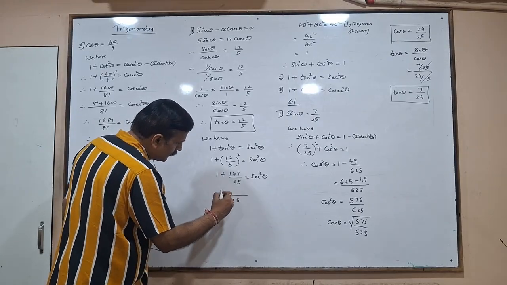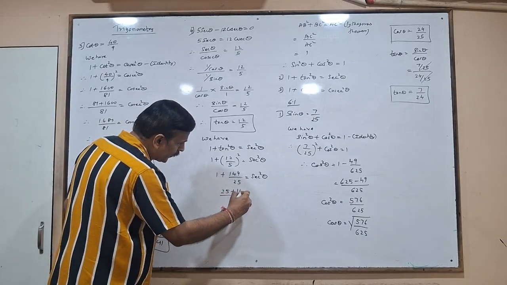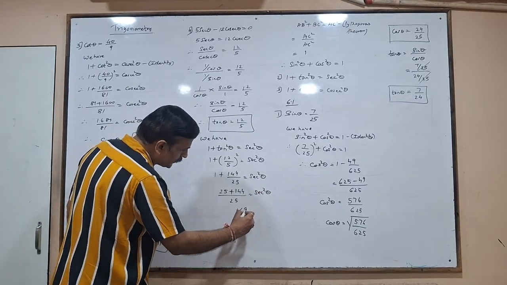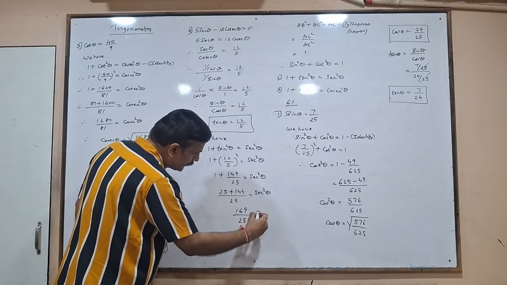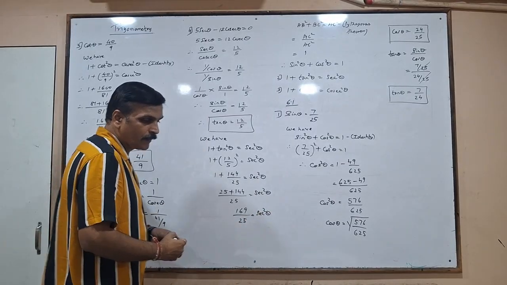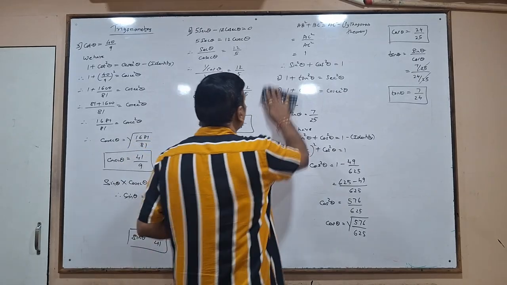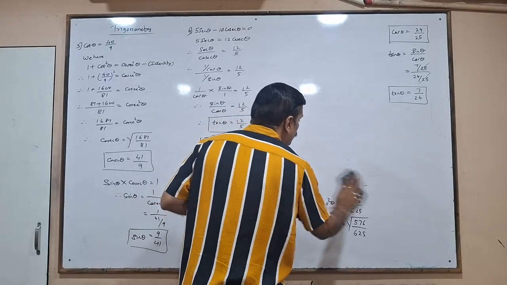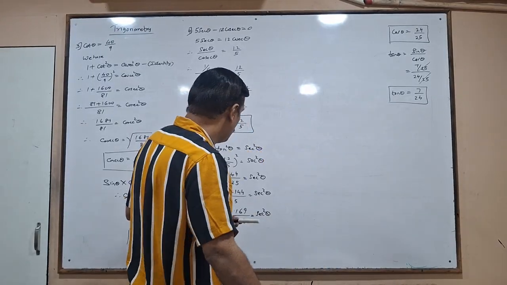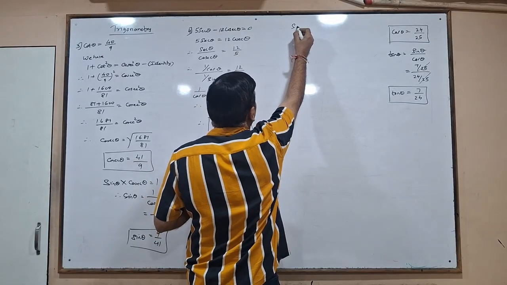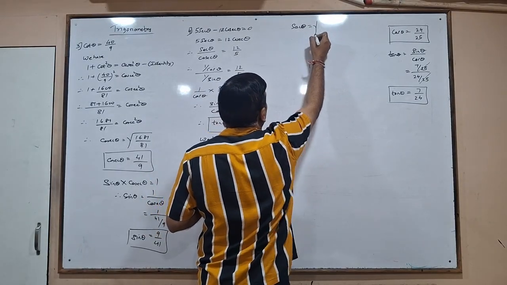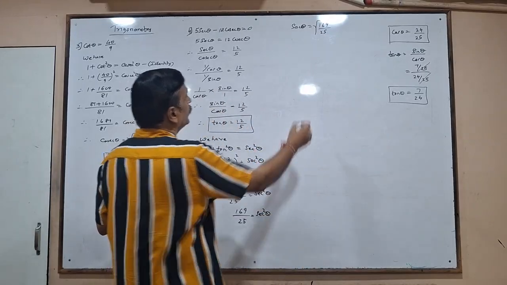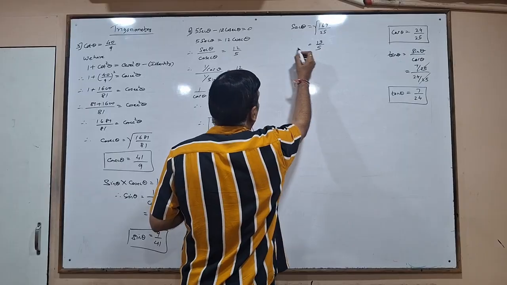LCM 25, so it is 25 plus 144 is equal to sec square theta. So it is 169 upon 25 is equal to sec square theta. So what will be sec theta? It is the square root of 169 upon 25, which is 13 upon 5.